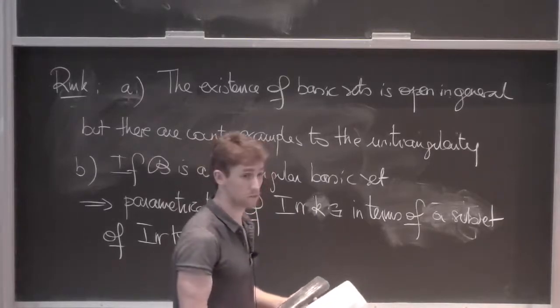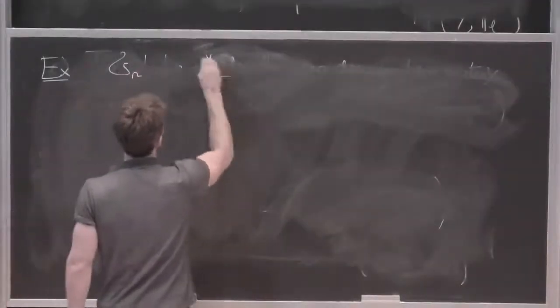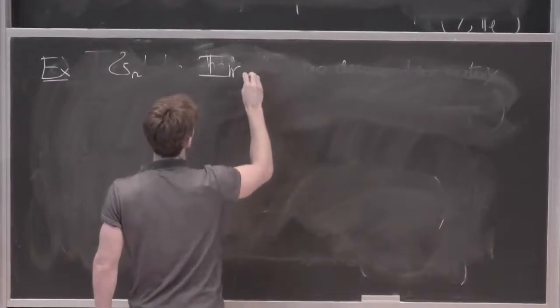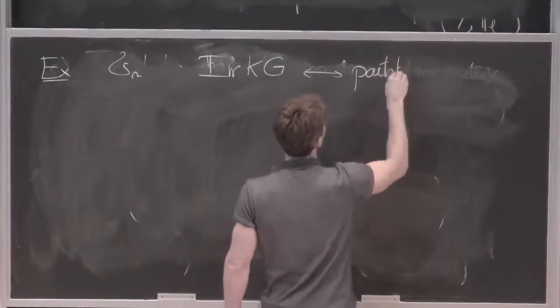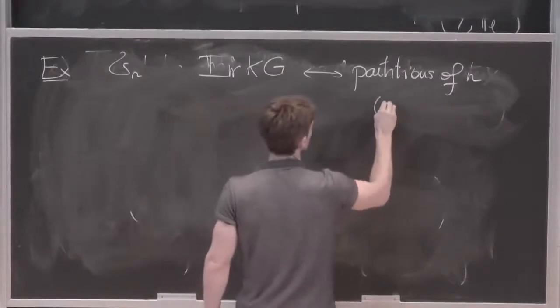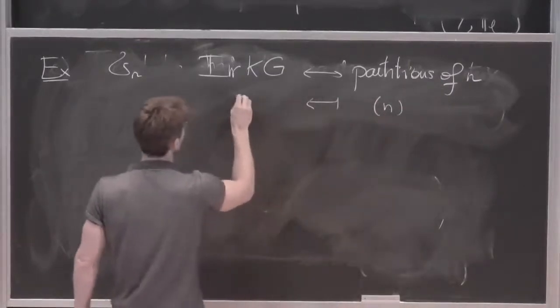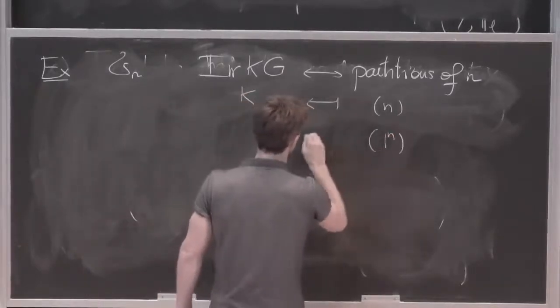Probably the best example is in the symmetric group. So in the symmetric group, the irreducible representations are parameterized by partitions. To the partition (n), by convention, I will take the trivial representation, and to (1^n) the sign.